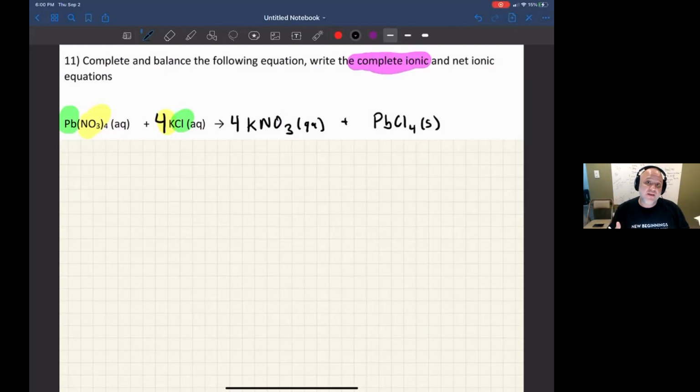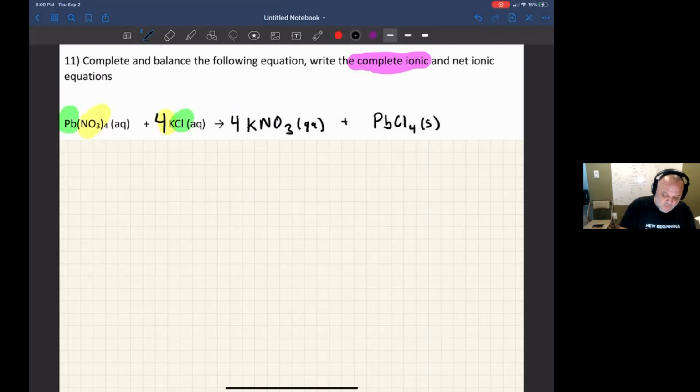Now, if it's solid or gas or a pure liquid, then those atoms are connected together. And so we would just write them in that fashion. So remember, if it's aqueous, the numbers and types of ions are broken apart, and so we write them separately. But if it's solid, liquid, or gas, we leave it together as a complete unit.